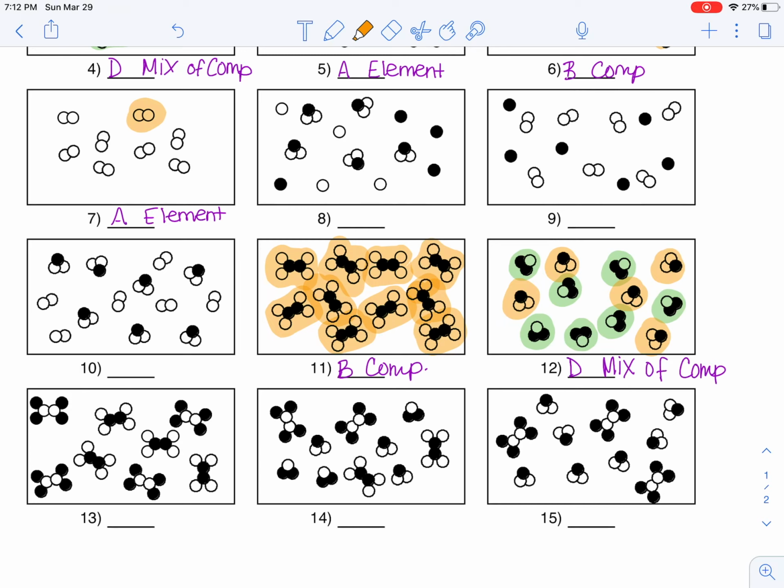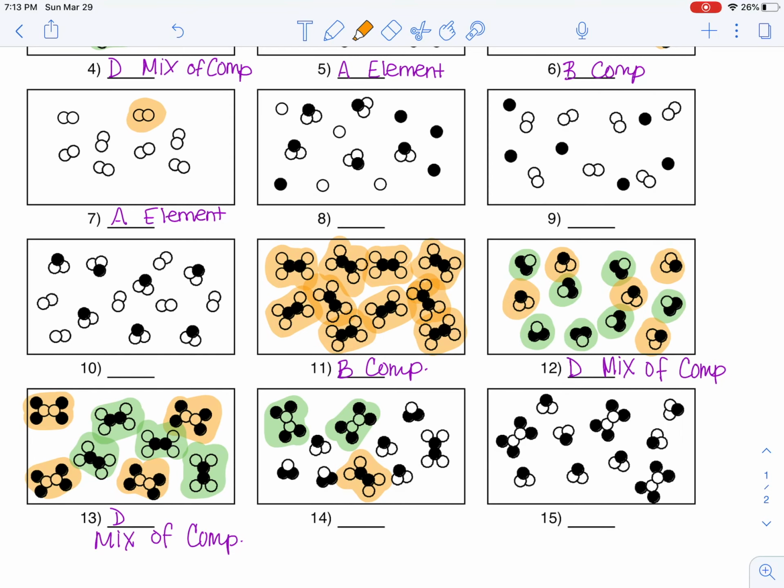Down here I have 4 black, 2 white. And I have 4 white and 2 black. So this is also a mixture of compounds. And hey, look, here I have 4 black and 2 white.